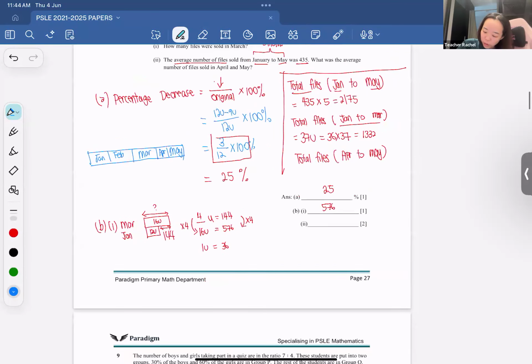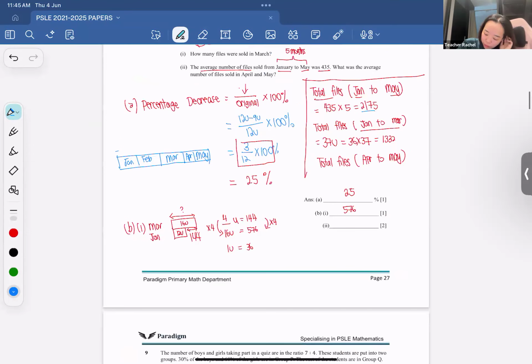And I know that from January to May is 2,175. From January to March is 1,332. So how do I calculate from April to May? I will take the total 2,175 minus away 1,332. You press your calculator, you get 843. So the total in April and May is 843.